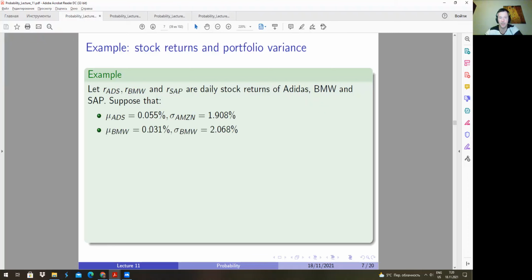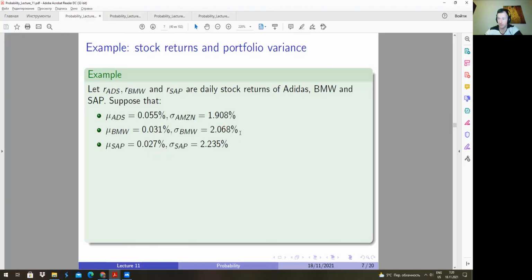For BMW, we have the expected daily return of 0.0031%, and the standard deviation is 0.68. And for SAP, we have this expected return and this standard deviation of the return. As I said, we treat these three returns as random variables.